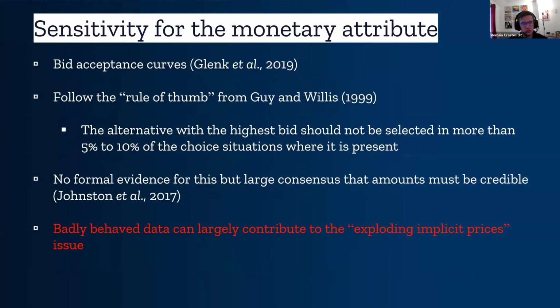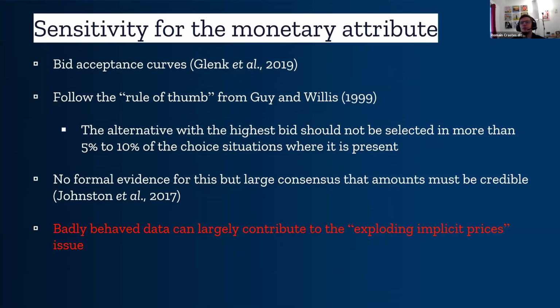But what I'm going to show you first is that each data set has been selected because they have different sensitivity for the monetary attribute. So what this means is that depending on the data set, people were more or less sensitive to the price attribute. And what the literature says is that the alternative with the highest bid should not be selected in more than 5 to 10% of the choice situations where it is present.